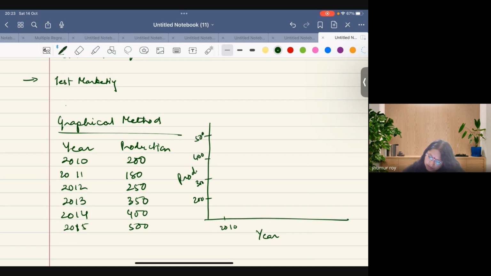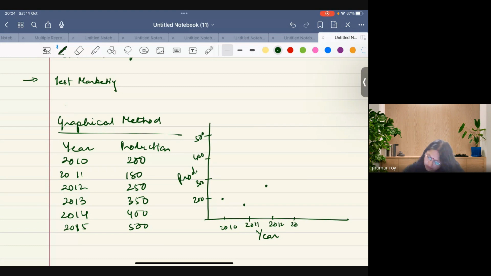So in the first year, I see there's a production of 200 units. So second year, 2011, the production has gone down to 180. The third year, 2012, we find that the production has gone up to some 250 units.